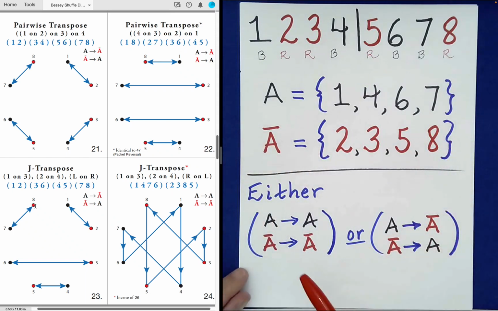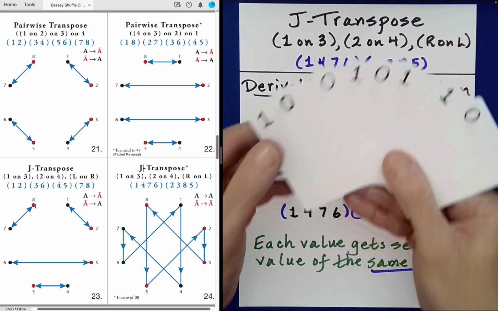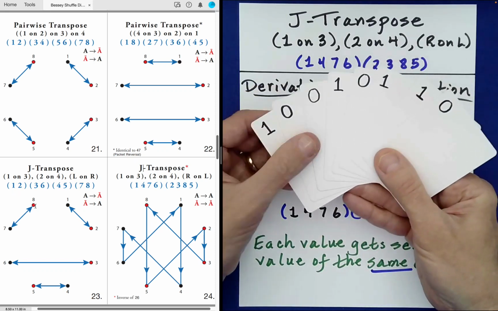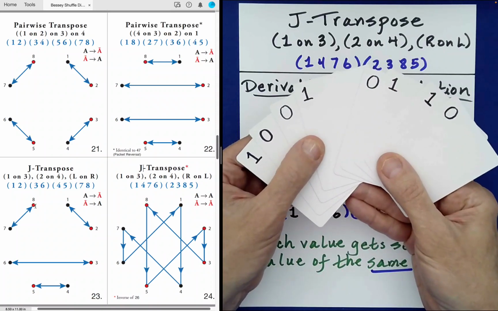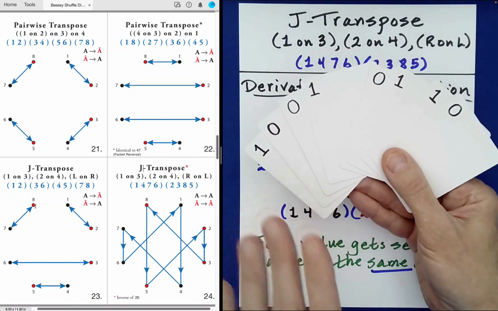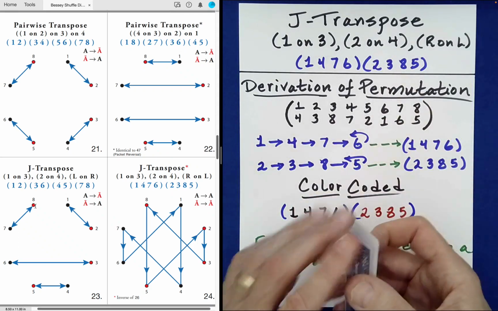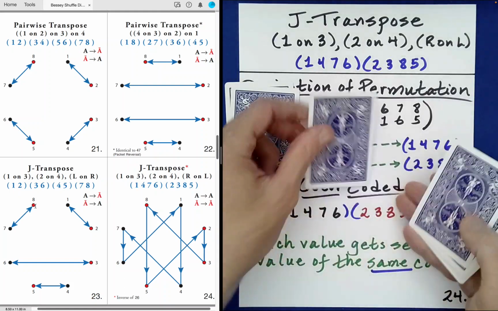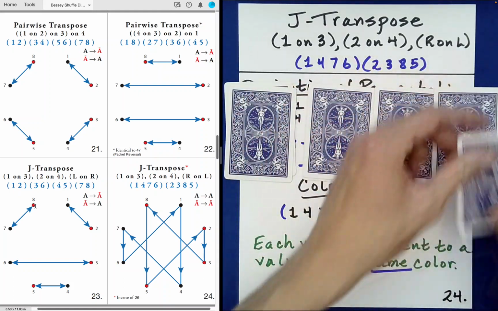So we're looking at this outcome right here. Applying this shuffle to our Bessey sequence 1, 0, 0, 1, 0, 1, 1, 0, we should expect to get back this same sequence form. So let's go ahead and just perform that shuffle one more time. So we go 1, 2, 1, 2, 1, 2, and then 1, 2.